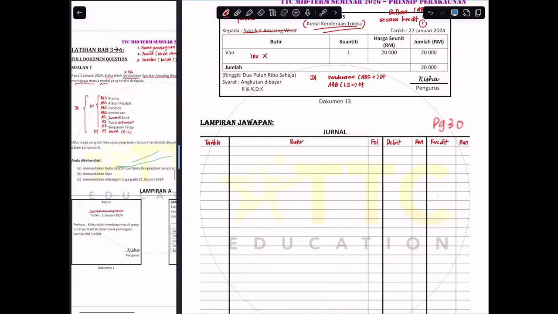Then record the date, which was given in the question, 2024, January 1st. Then list down whatever is in debit first.